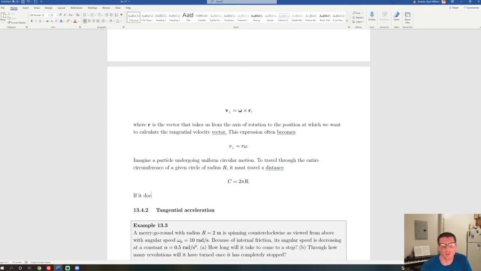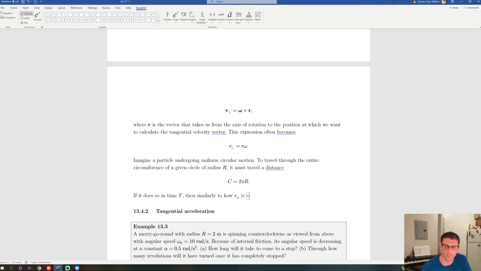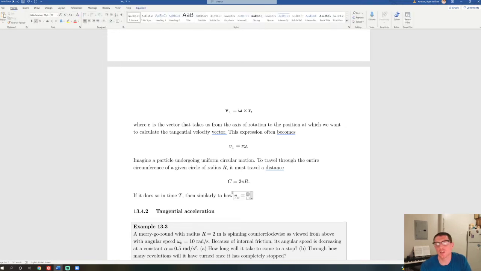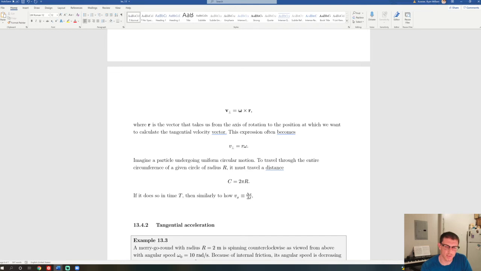And if it does so in time t, then similarly to how v sub x can be defined to be, well, in general, velocity can be defined to be a displacement over time, right? But I'm just going to say x to be definite.